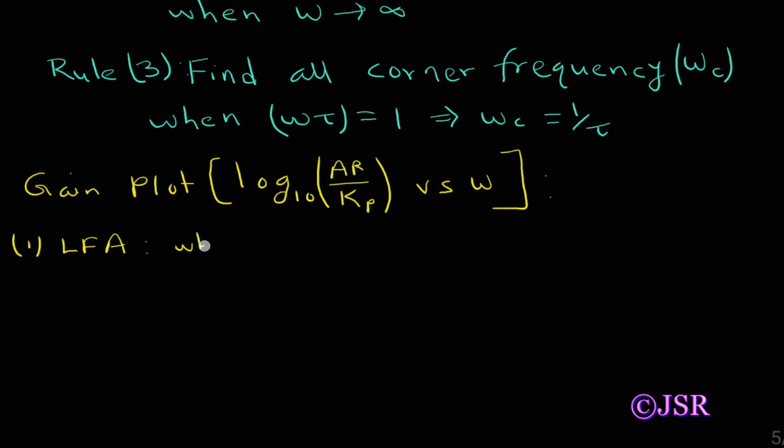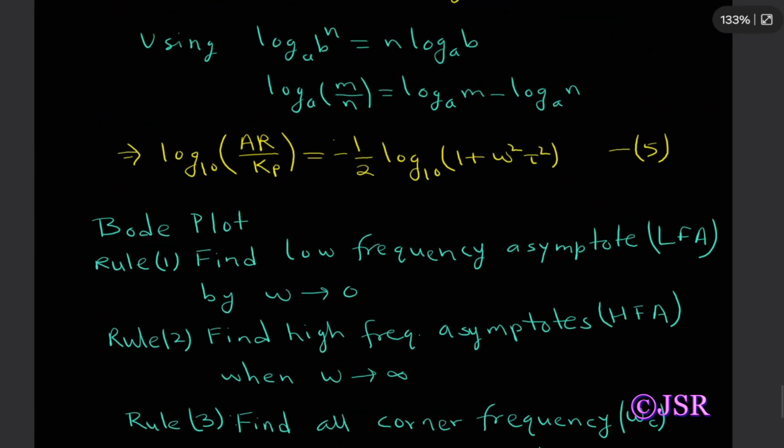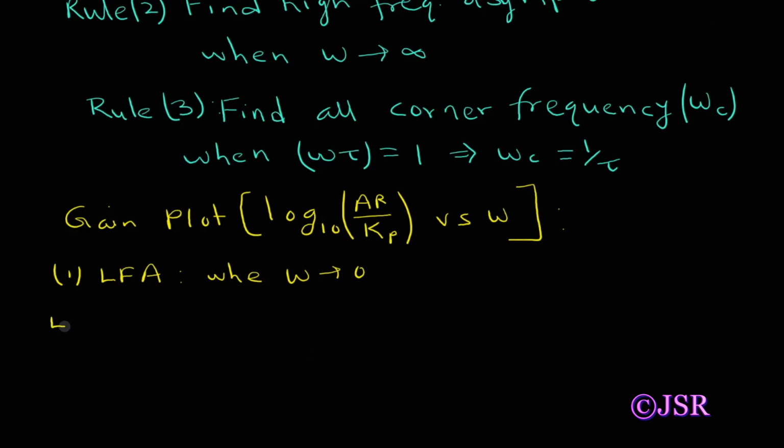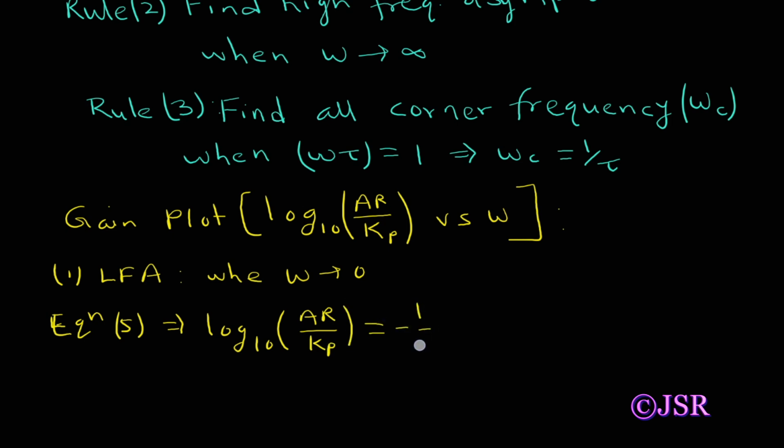So when omega tends to 0, from equation number 5, log 10 AR by Kp equal to minus half log 10 of 1 plus omega square tau square, and this omega tends to 0.